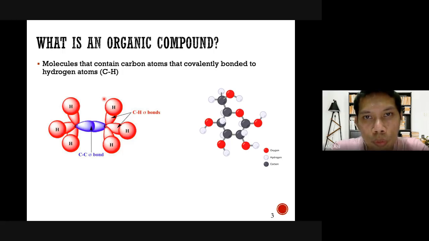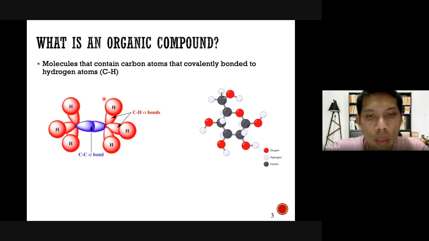So in organic chemistry, the relevance, or why you as a pharmacy student or pharmaceutical science student need to learn about organic chemistry, is that most of the compounds or the active pharmaceutical ingredients available in drug formulations are made out of organic compounds, which is carbon and hydrogen basically.